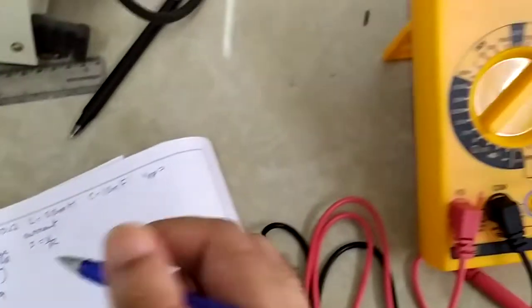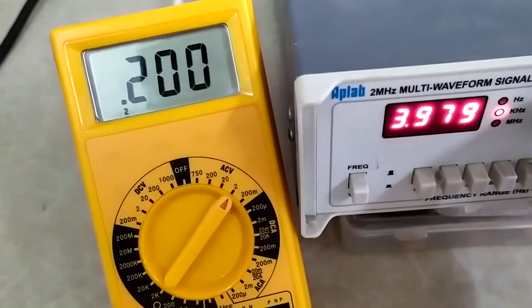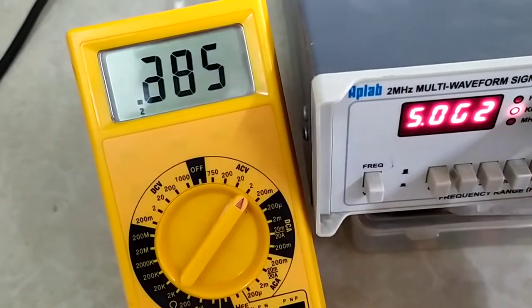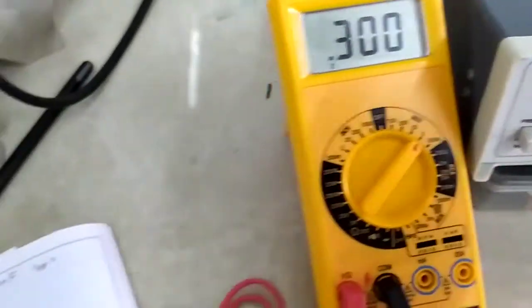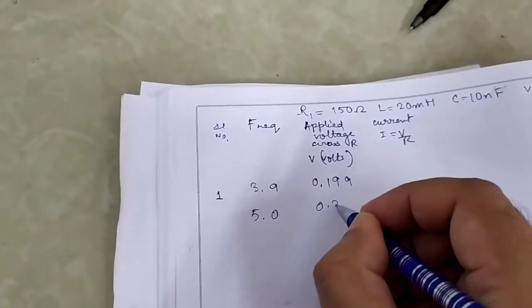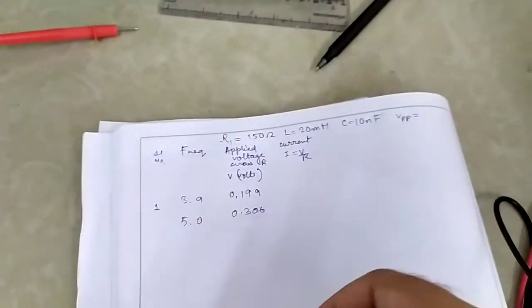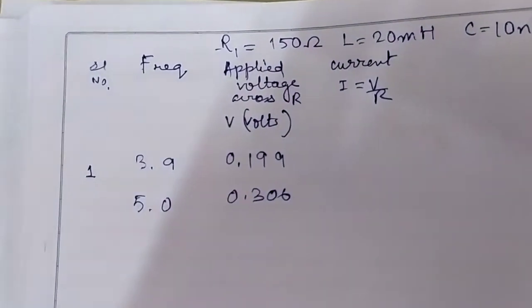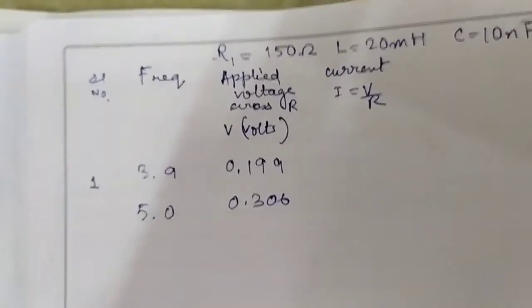Current I will find by dividing. Next you change, you make it 5.0, 0.306. That way one by one you will take readings.